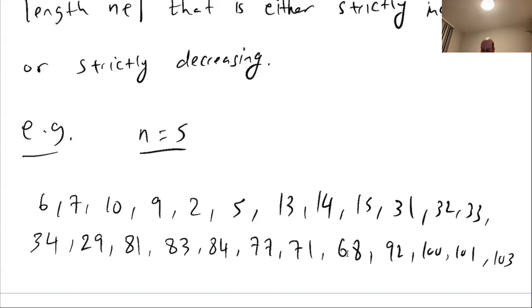So this is 24. And let's say -2, -3. So I have 26 elements.